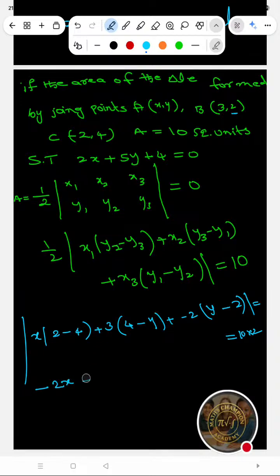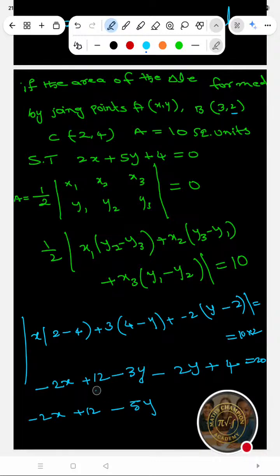Then plus 12 minus 3y. Again minus 2y, minus into minus plus 4, is equal to 20. So minus 2x plus 12 minus 3y minus 2y, that is minus 5y. This 12 plus 4 is 16, is equal to 20.